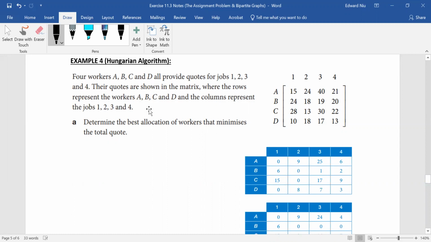When we talk about quotes, it's not an English quote, it's talking about dollars. That's a terrible dollar sign. Okay, so what we want to do is we still want to do the row and column reduction method. So step 1.